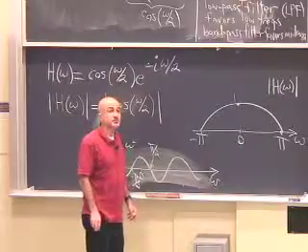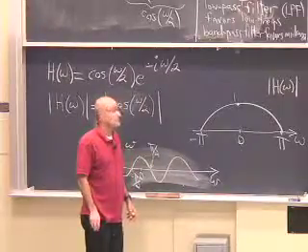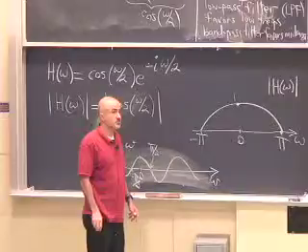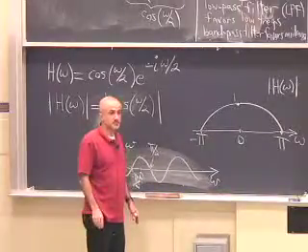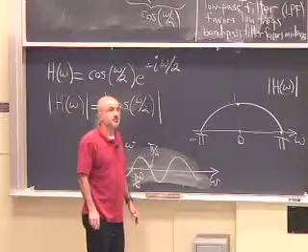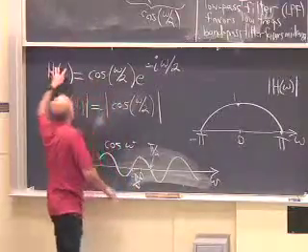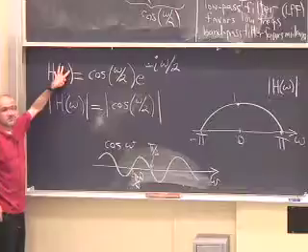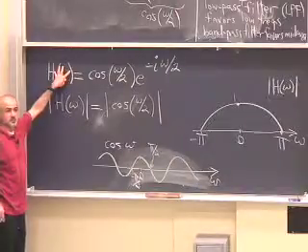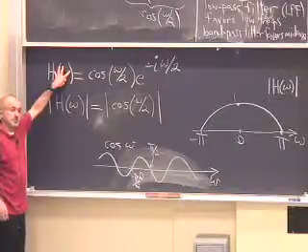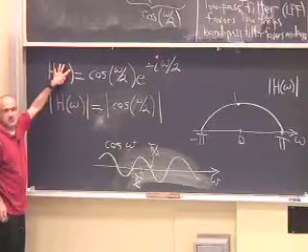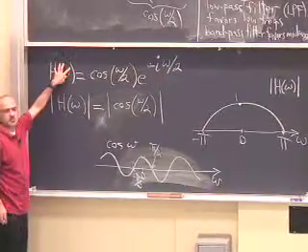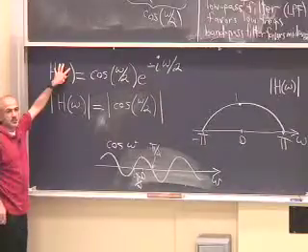Can h of omega be negative, without the absolute value sign? With the absolute value sign, obviously not. Without the absolute value sign, in fact, it doesn't even have to be real, so forget about negative or positive. But for some filters, h of omega is real.